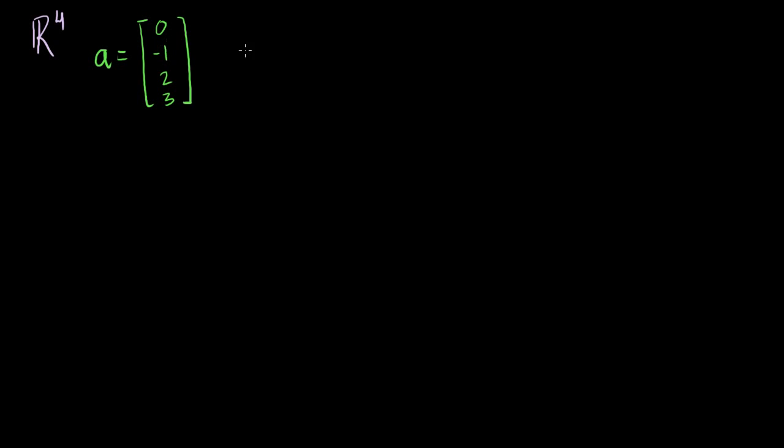Let me define vector B to be equal to 4, minus 2, 0, 5. We can do these same addition and subtraction operations with them. It'll be hard to visualize, but we can keep them in just vector form, so it's still useful to think in 4 dimensions.